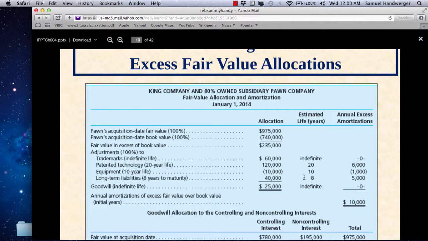Let's prove that. Look at the math. The total fair value of the subsidiary is $975. The book value is $740. How do we explain the difference? There are $60,000 of trademarks. So of the $235,000, $60,000 belongs to trademarks. 120 belongs to technology.